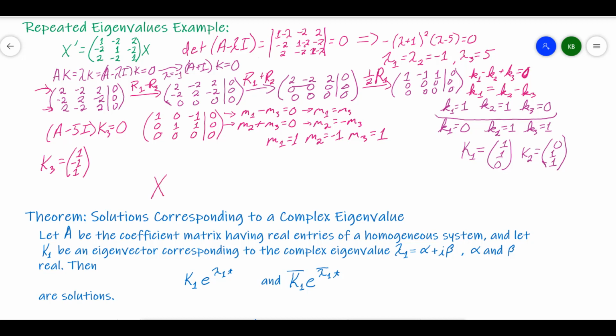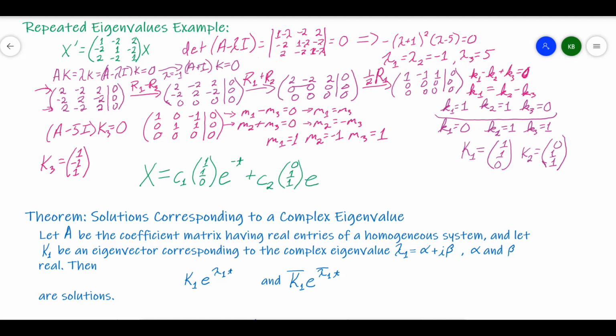We know that x is going to equal, we take c1 times k1, so 1, 1, 0, times e to the lambda that went with k1 was negative 1, so e to the negative t, plus c2 times 0, 1, 1, my k2, times e to its eigenvalue.